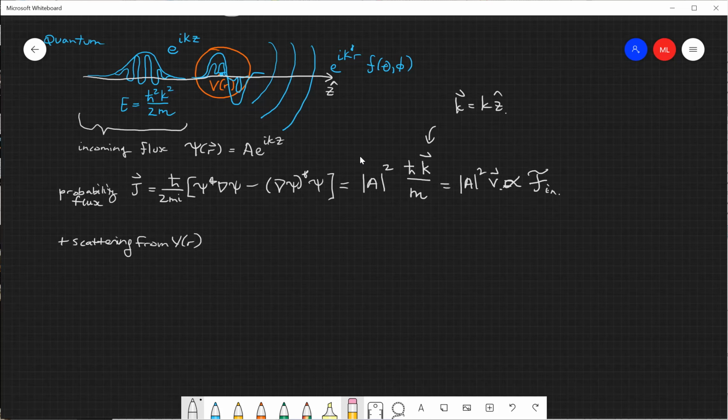And then maybe you could argue that the center of mass coordinate remains stationary, and then you could write a Schrodinger equation in terms of the relative coordinate, and then maybe you'd get something quite similar to what I'm about to write down. But we're not going to do that. We're just going to assume that we're dealing with scattering from a stationary target, so we won't worry about moving to center of mass frames, things like that.